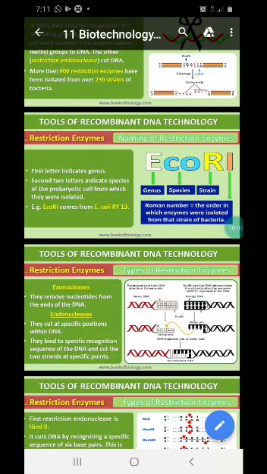When you cut a DNA from one organism and place it in another organism, the same kind of restriction enzyme should be used for both organisms, because then only will it cut at the same specific point.